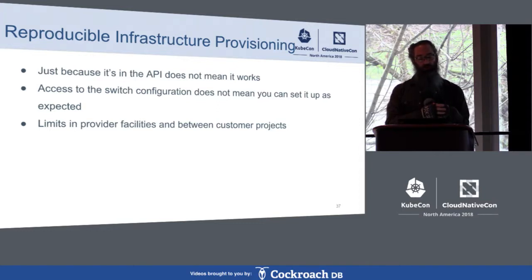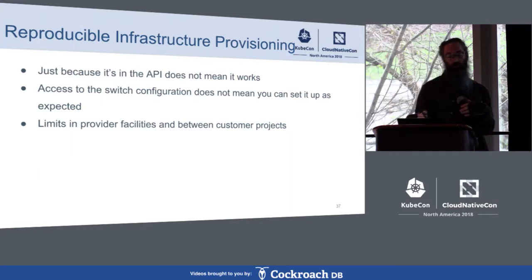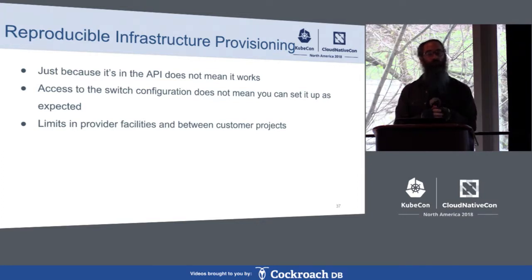The switch configuration. So what am I talking about here for it doesn't work as expected? For that layer 2 configuration, any of the physical switches are likely to be able to set up the layer 2 configuration that people want if you have direct access. We have an API that's external to that and trying to limit problems.